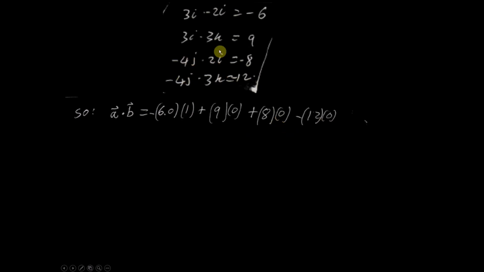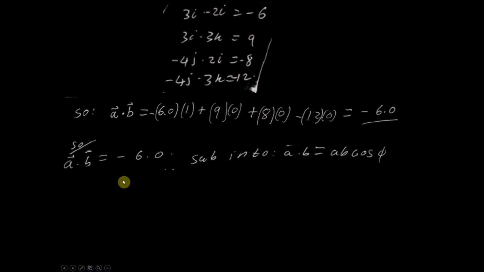Every term that is not by itself, i.e. 3i dot negative 2i here, is the only one that will be preserved. All the others, as proof here, come to 0, which gives us negative 6. So A dot B is negative 6. This step here would not be necessary in a homework or exam to show, but I'm just showing explicitly that all these other terms disappear.